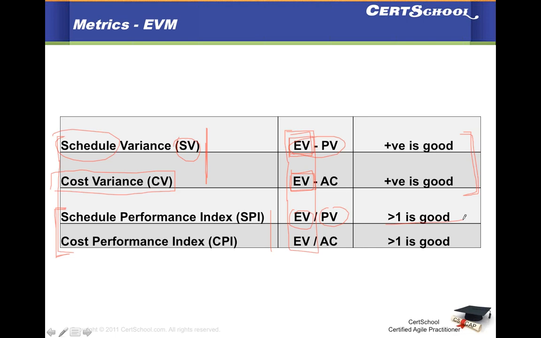That means you have earned more value than what you had planned in that period of time. Cost performance index is your earned value divided by your actual cost, and greater than 1 is good, which means that you have earned value in lesser budget than what you had planned.